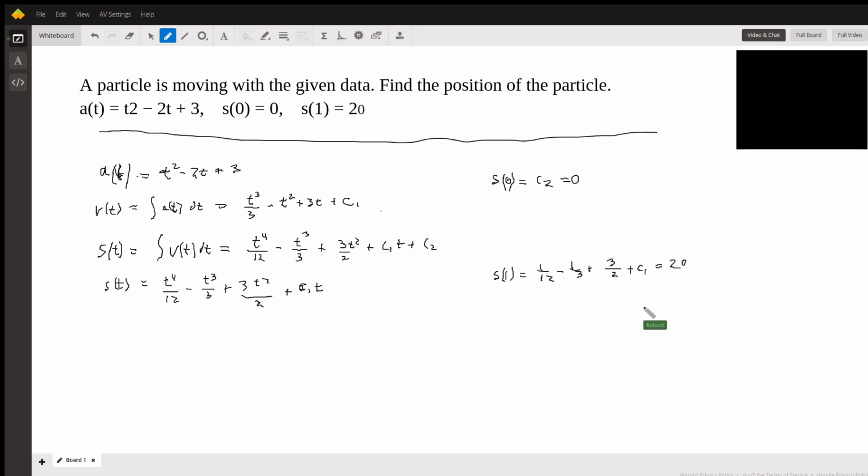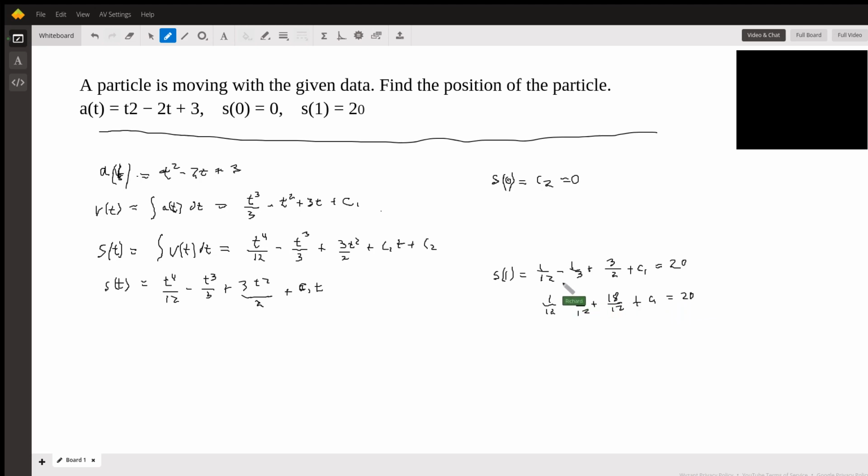Okay, so I'm just going to use my calculator here. Oh, yeah, I guess this is calculus. Maybe we should do it by hand. You never know. Sometimes teachers, especially calculus teachers, won't allow calculators. All right, so let's just leave this. So 1 over 12 minus 4 over 12 plus 18 over 12 plus C1 equals 20.